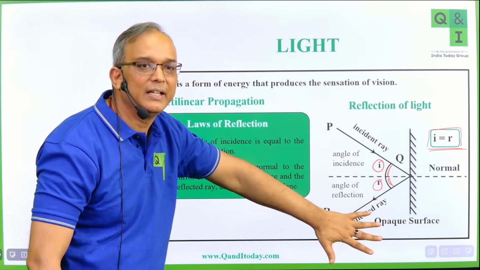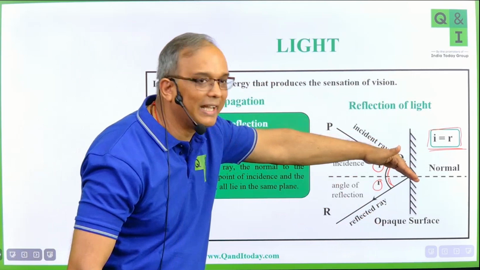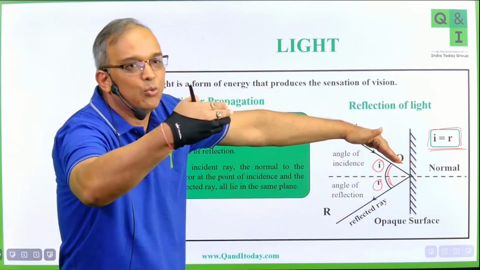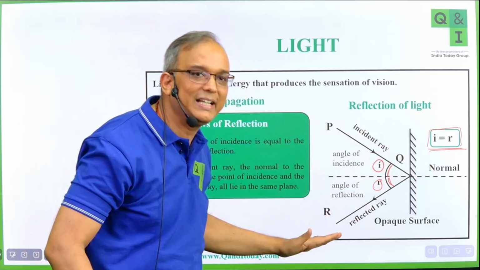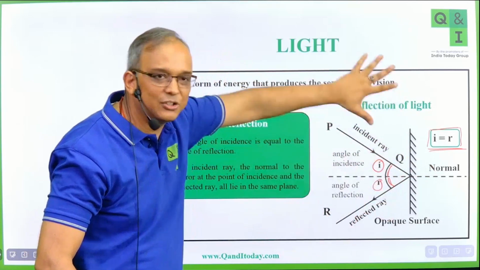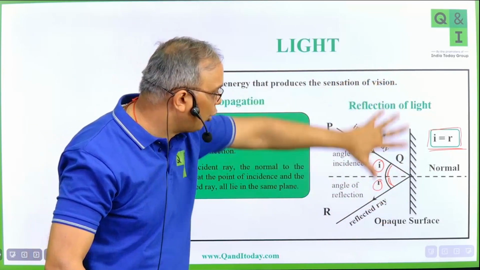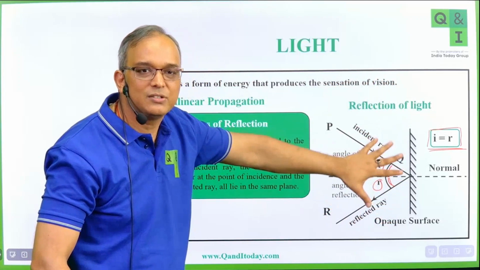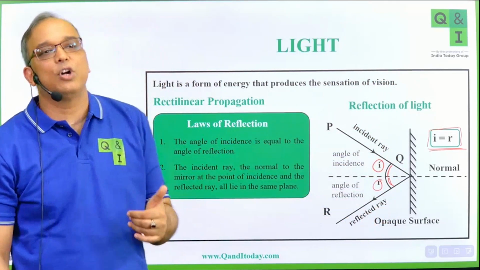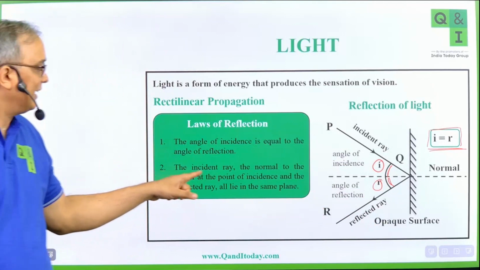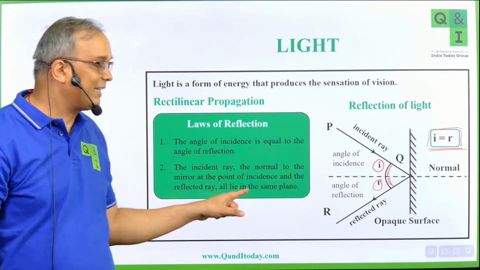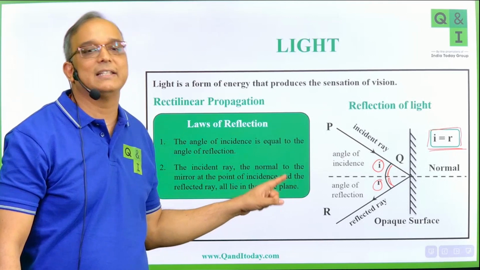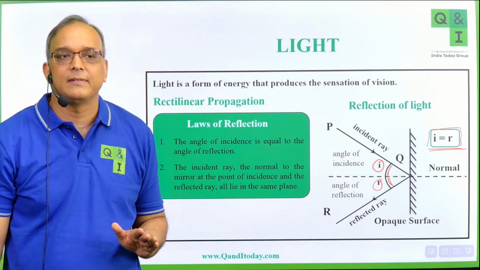It will not happen that the incident ray is going like this and the reflected ray is coming out of the plane. So it will be in the same plane: incident ray, reflected ray, and the normal. As you can see on this board, all of these lie on this board only. So it is going to be in the same plane. This is what it means: the incident ray, normal to the mirror at the point of incidence, and reflected ray all lie in the same plane. Is it clear to everyone?